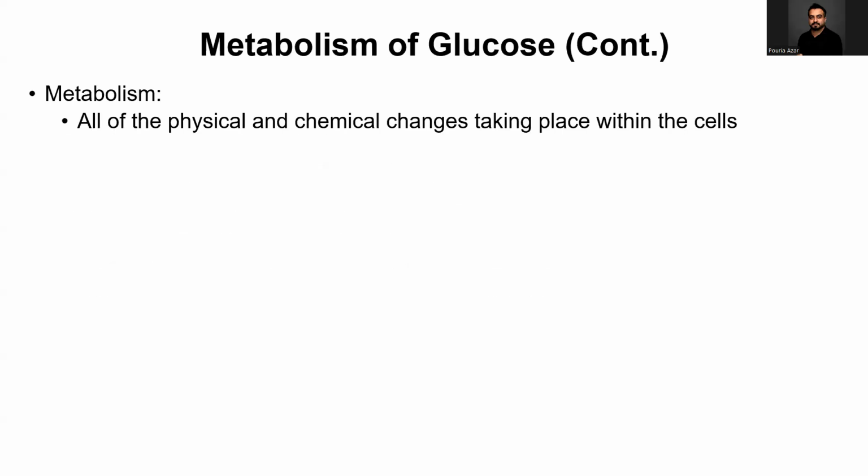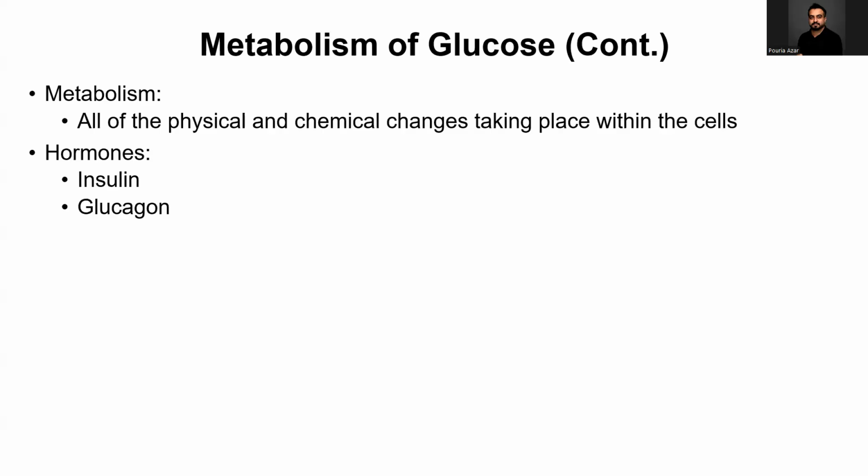And when we say metabolism, it means all of the physical and chemical changes and reactions taking place within the cells. That is referred to as metabolism. For the metabolism of glucose, there are two main hormones.